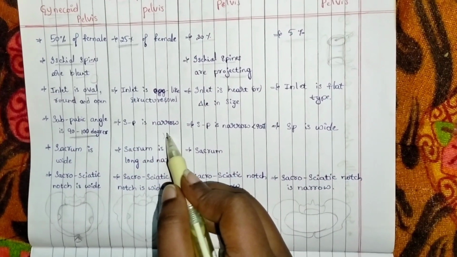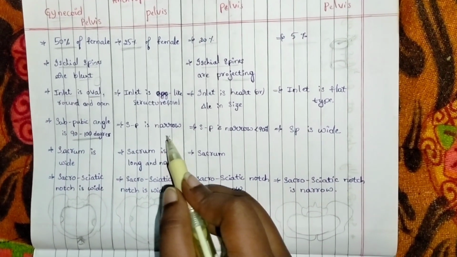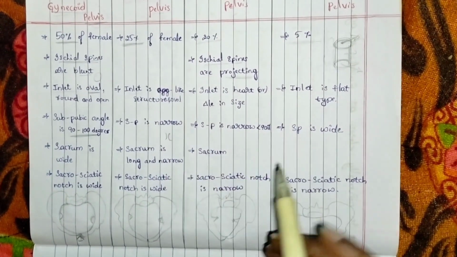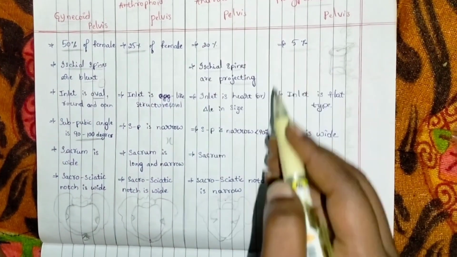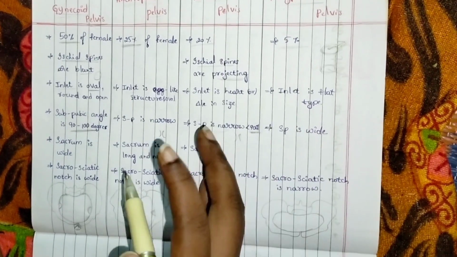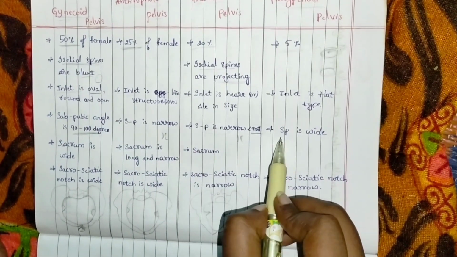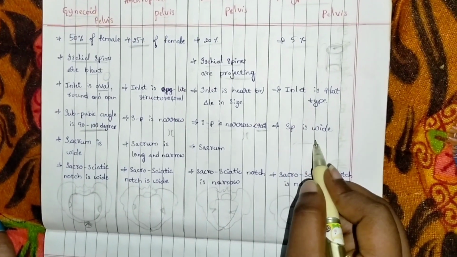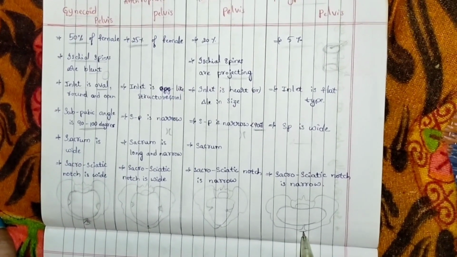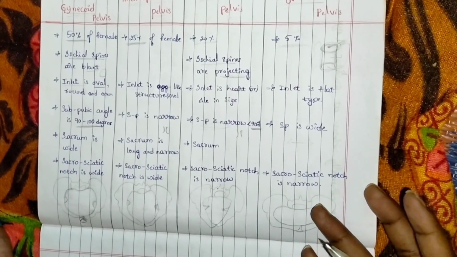Narrow in the sense it's very small. It's not wide. The opening is not proper. In android pelvis, the subpubic angle will be less than 90 degrees. In platypelloid pelvis, the subpubic angle will be wider. Wider in the sense open. The angle is more than 90 degrees.